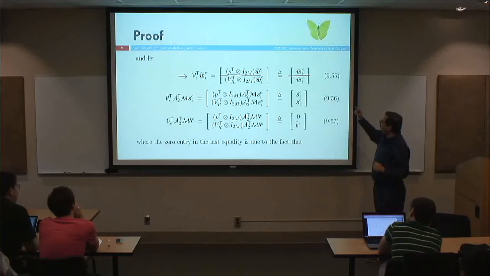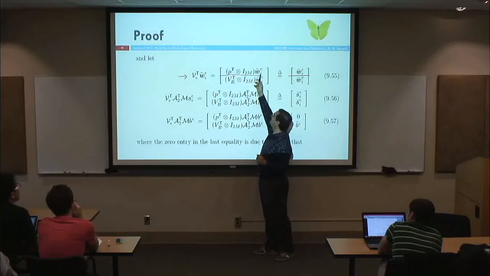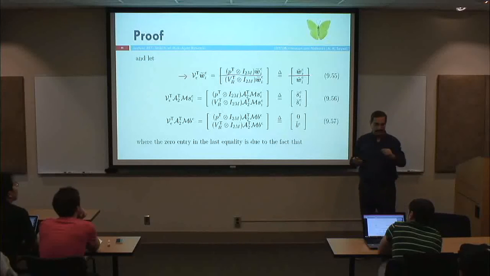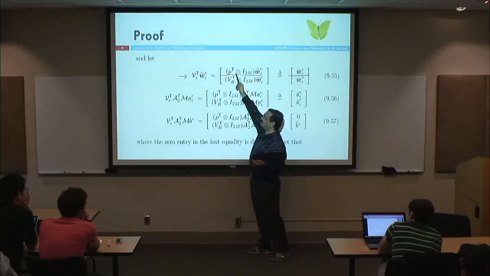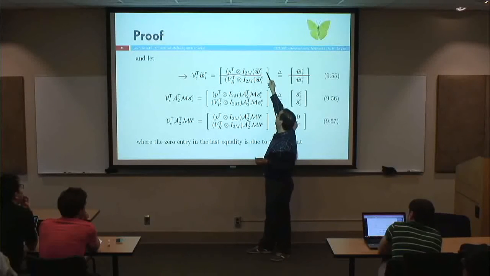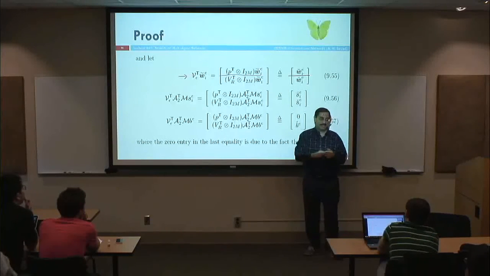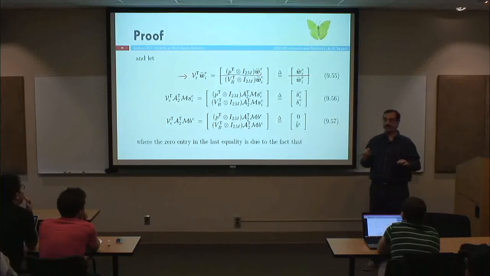Look at W bar. What is the expression for W bar? If you compute this, it's a weighted sum of the errors across the network, weighted by the P's, correct? Because you see, this is a row vector here, containing P1, P2, P3, times the W tilde. So this W bar is telling you how the weighted sum of the weight error vectors across the network evolves.